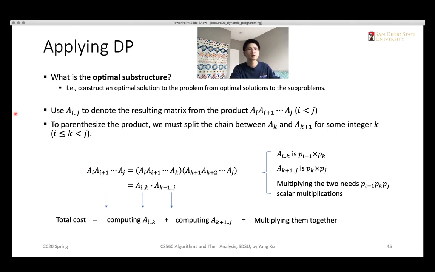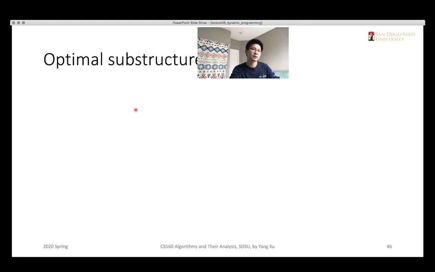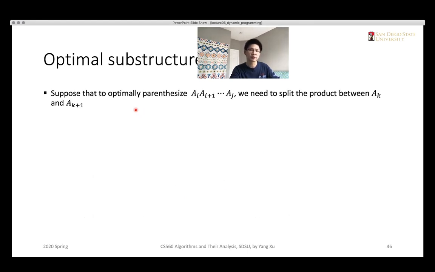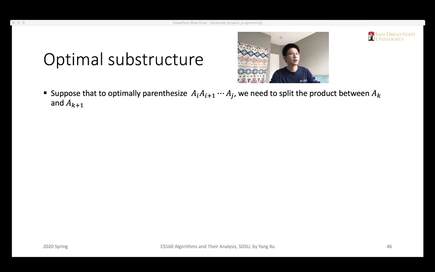Okay, so we can state the optimal substructure like this. Suppose that in order to optimally parenthesize the chain from AI to AJ, we need to split the product between AK and AK plus 1.